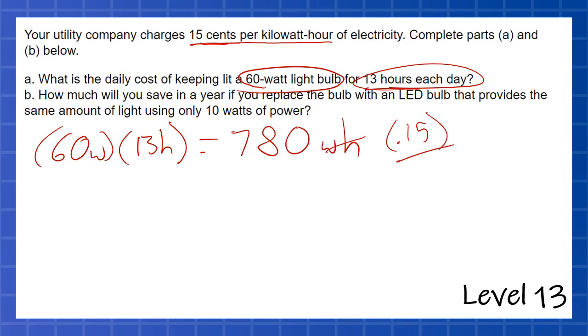Well, the difference is that a kilowatt is 1,000 watts. So in other words, we can also say that 780 watt hours is equal to 0.780 kilowatt hours. And then we can multiply that by that 15 cents.